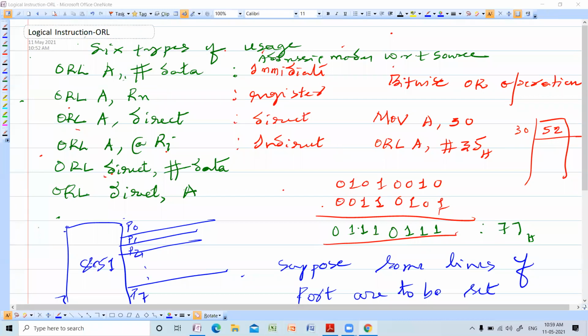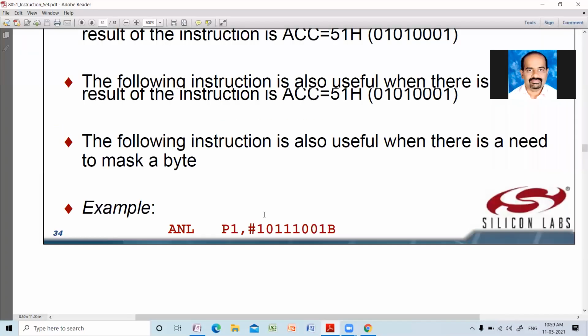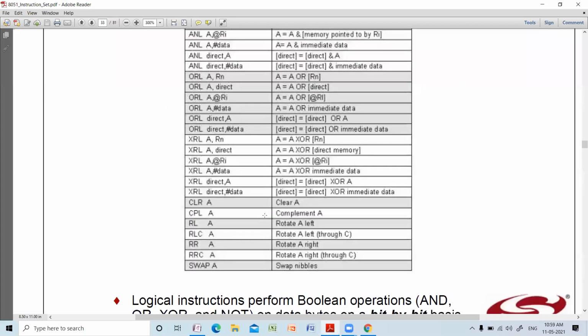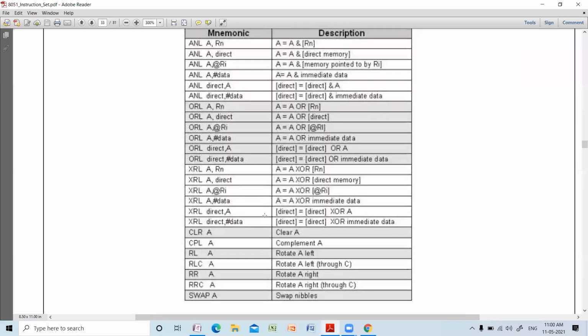So after OR, the next one in the list. You can just see this list. We have completed AND, we have completed OR. Next one is XOR. XRL is the instruction. Once again, all the 6 provisions are present.